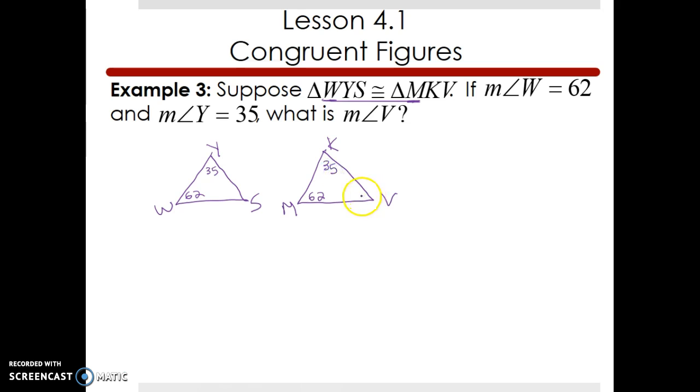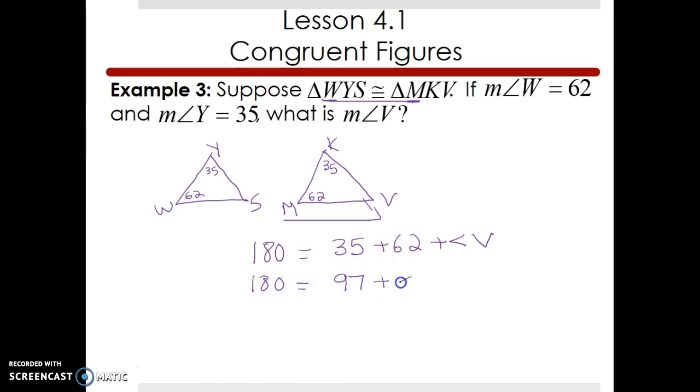Now it's asking for angle V. Angle V goes with angle S, so we know that 180 equals 35 plus 62 plus angle V. So 180 equals 97 plus the measure of angle V. You subtract 97 on both sides, and you get the measure of angle V. 17 minus 9 gives me 8.